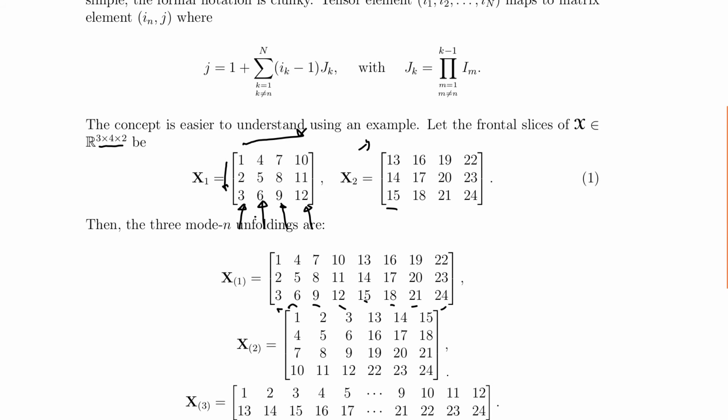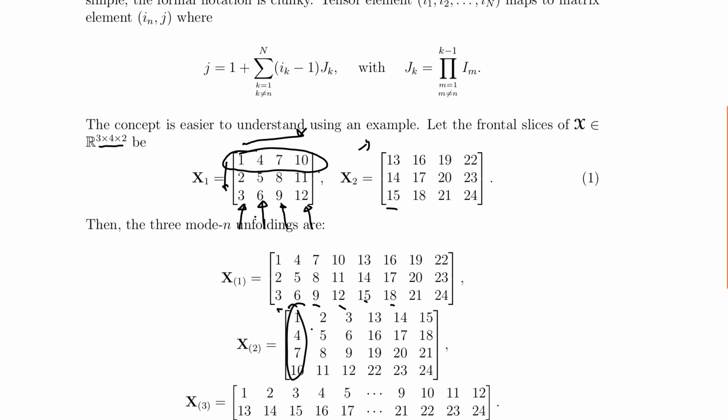And similarly, I can have the mode 2 matricization, if we just pack all the mode 2 fibers. So this will be maybe 1, 4, 7, 10 here, right?